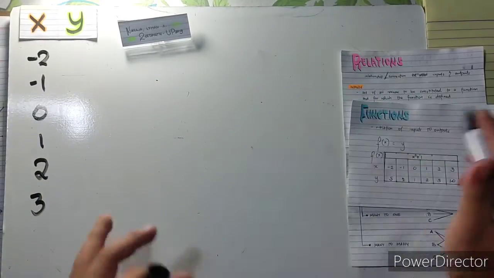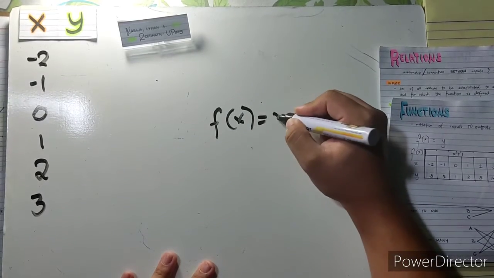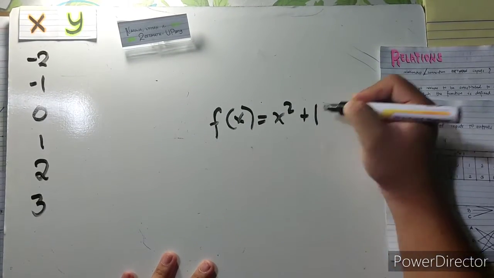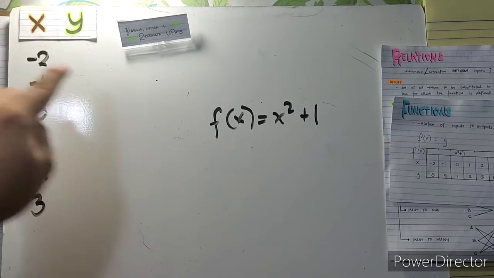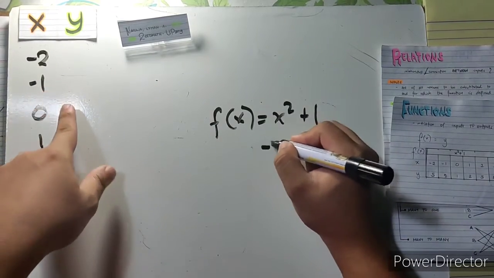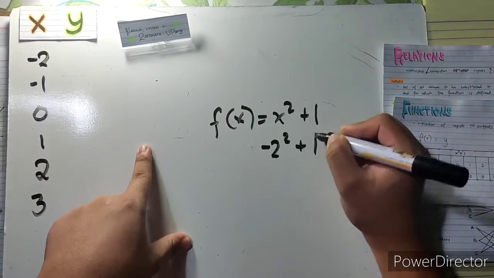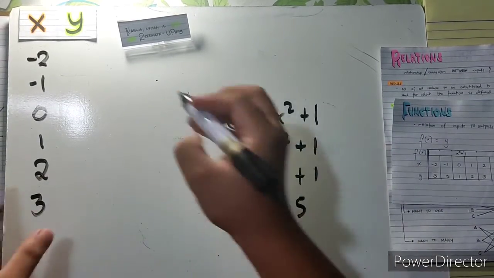So we have the function f(x) = x² + 1. We substitute the values of x to our formula. So -2 will become (-2)² + 1. This will be equal to 4 + 1, or 5.